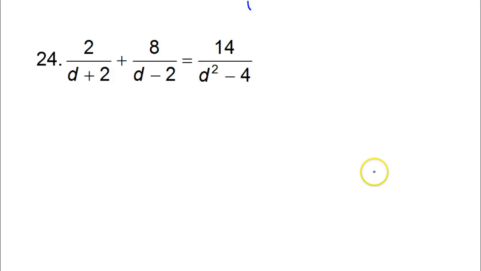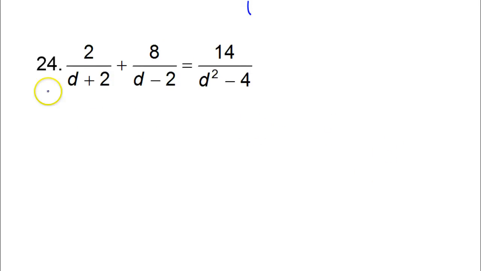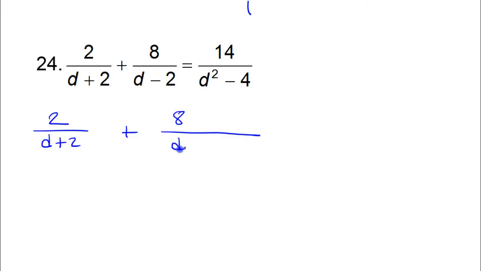Now let's look at number 24. Again, I'm going to make all the denominators the same. So I have 2 over d plus 2 plus 8 over d minus 2 is equal to 14 over, and I'm just going to factor this. So this is d plus 2, d minus 2.